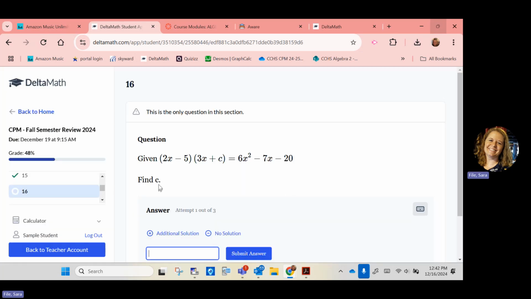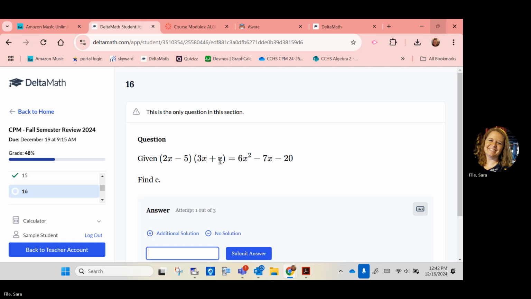Here they want us to find C, that's missing right here. So this is a factoring question. On the right, it's not factored. On the left, it's factored, except they haven't given us what that other constant should be.